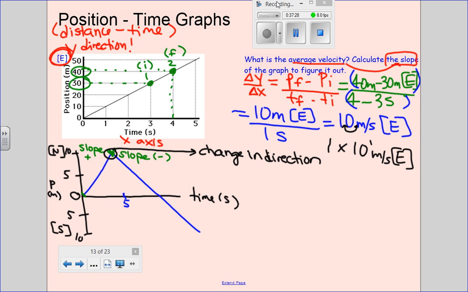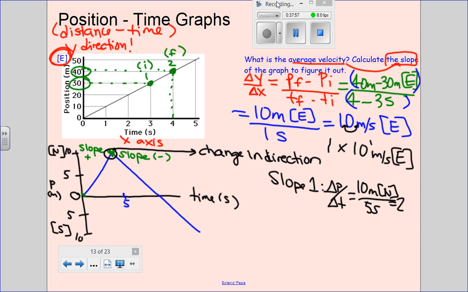So if, for example, I calculate the slope of the first section, so we'll call that slope 1. In the first section, I go from 0 to 10 meters north in 5 seconds. So I know that slope is the change in position over the change in time. So 10 meters north, 5 seconds.